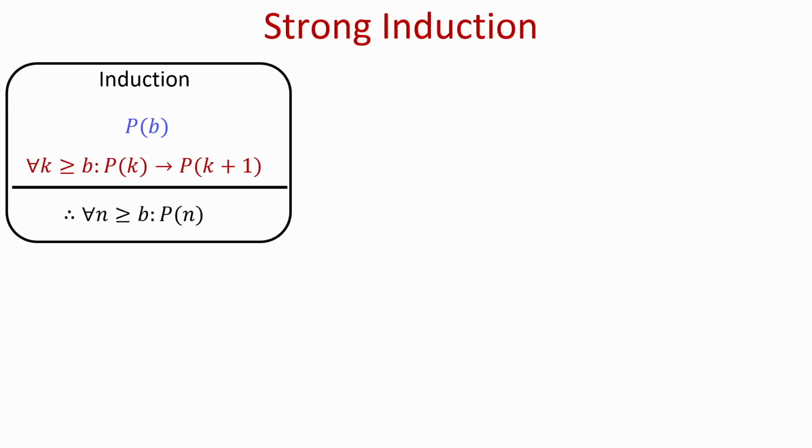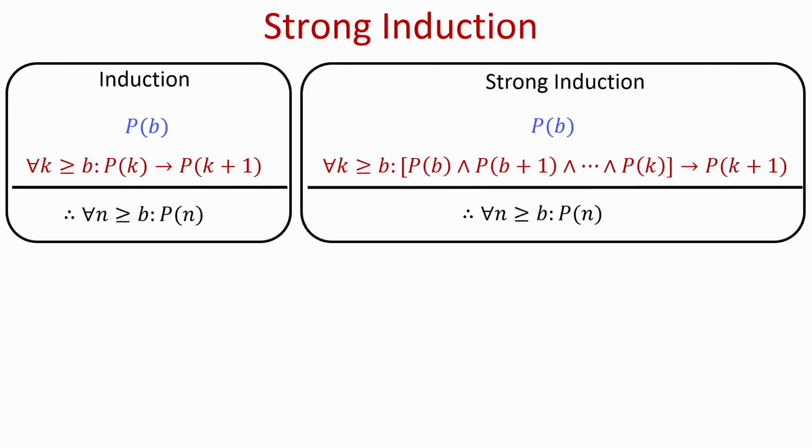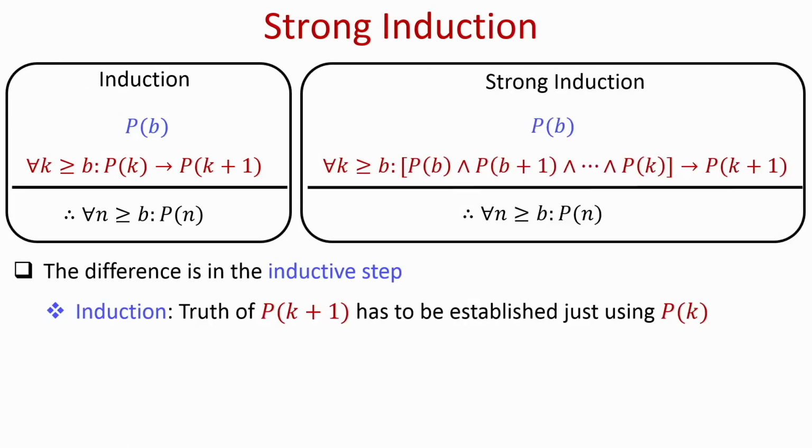It turns out that there is another form of induction which we call strong induction. So, this is your argument form for the regular induction, where you are given a base case, and in the inductive step, assuming that the predicate P is true for k, you prove it to be true for k plus 1. In the strong induction, the difference is in the inductive step. Okay.